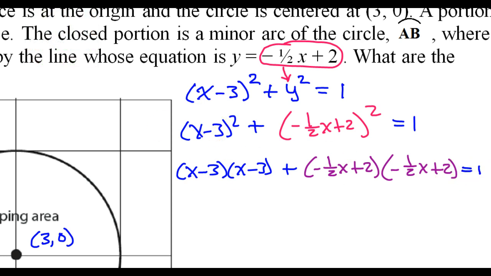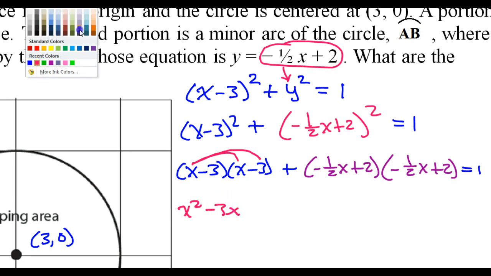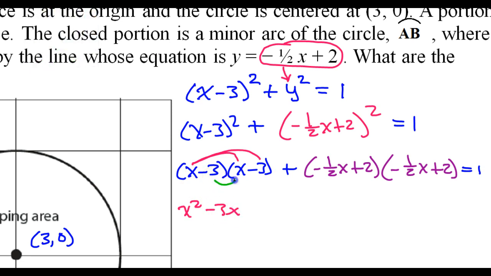Back to the first one, we're going to have to double distribute, starting with the x. X times x is x squared. X times negative 3 is negative 3x. Similarly, distributing the negative 3 gives me negative 3x plus 9.